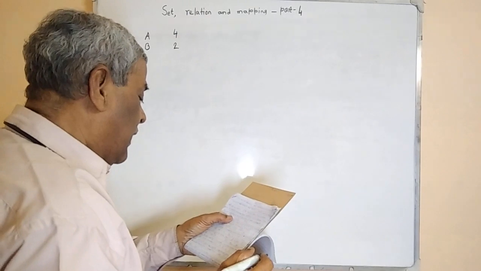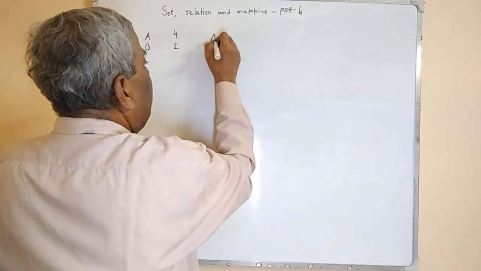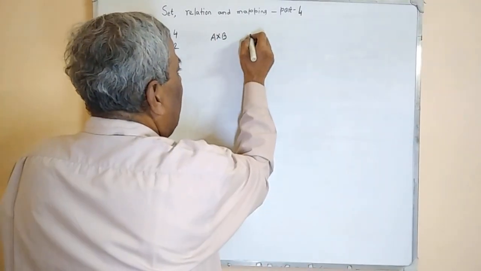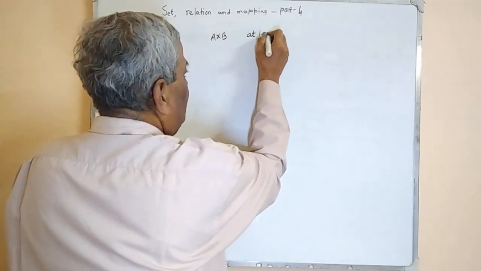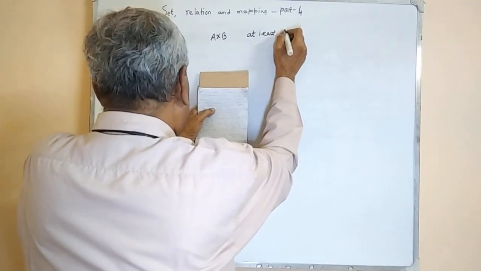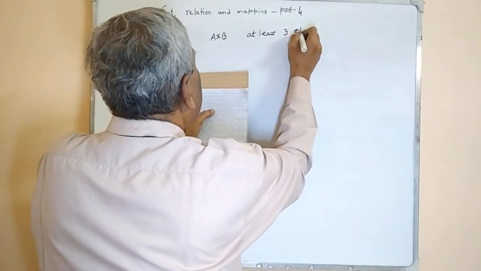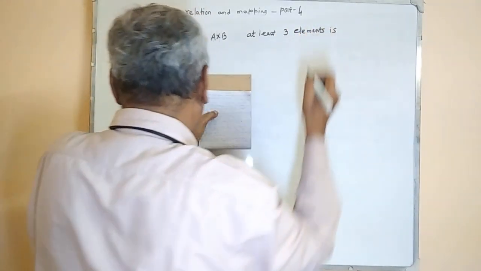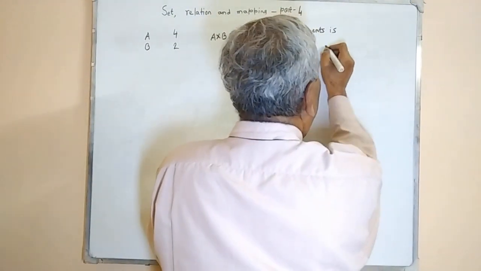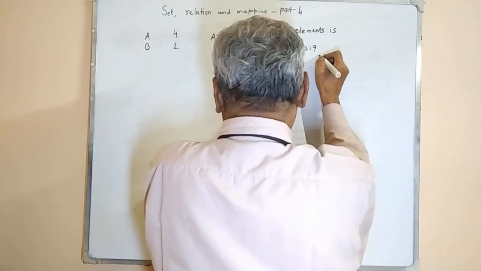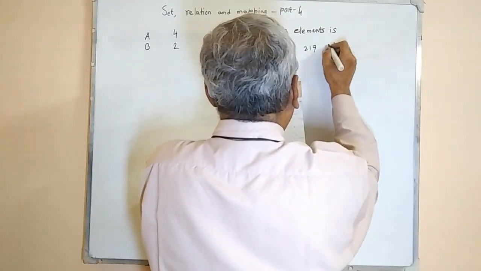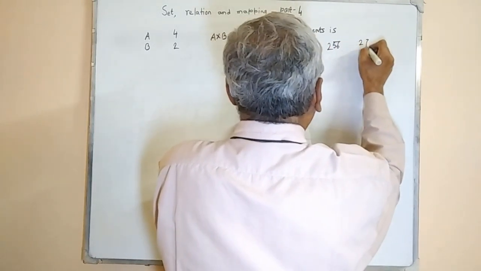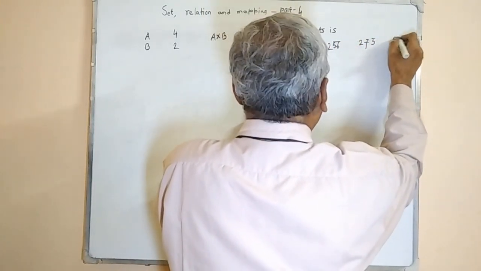Then the number of subsets of A cross B having at least 3 elements is, options: 219, 256, 275 and 510.